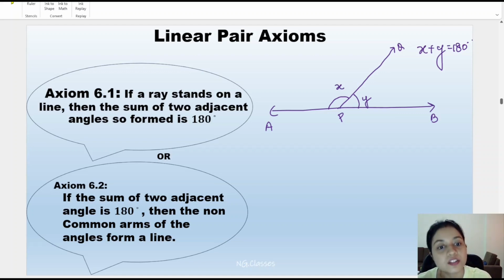All right, let's move to the next axiom, which is another version of the same axiom. The next axiom says if the sum of two adjacent angles is 180 degrees, let's draw two adjacent angles.